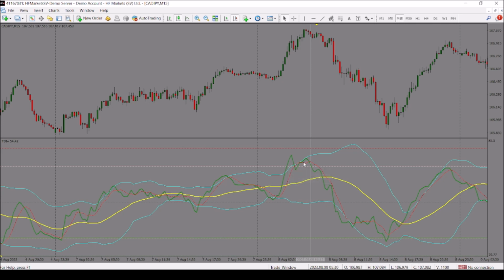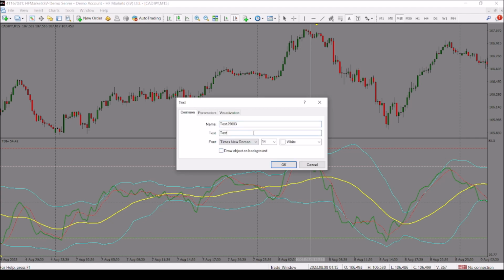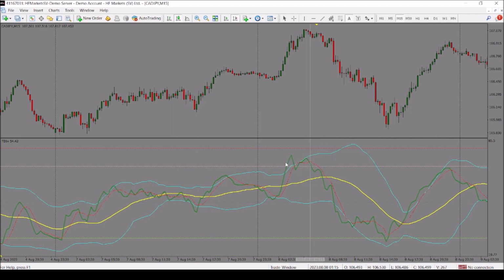So what will we be looking for? We'll be looking for, one, a piercing of the RSI line out of the volatility bands. It's basically a shark fin. That's the first thing that we will need to have.